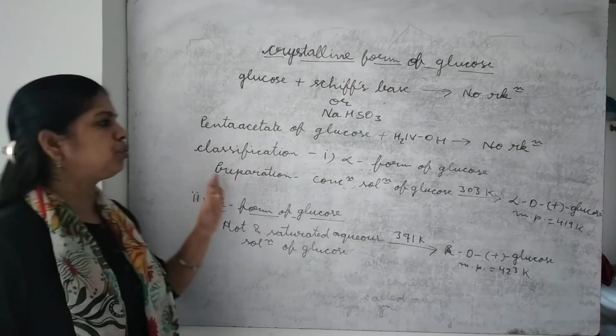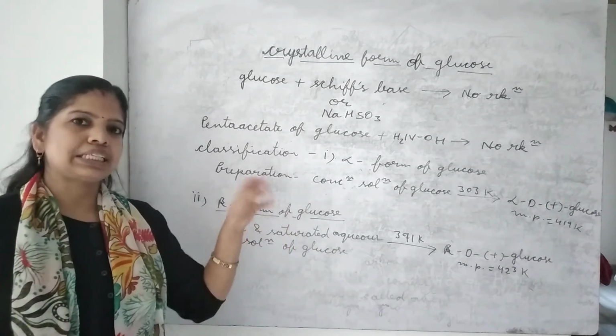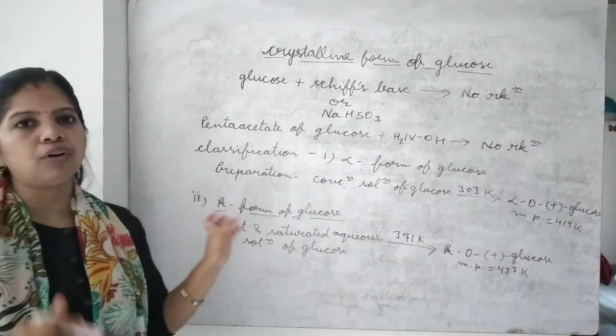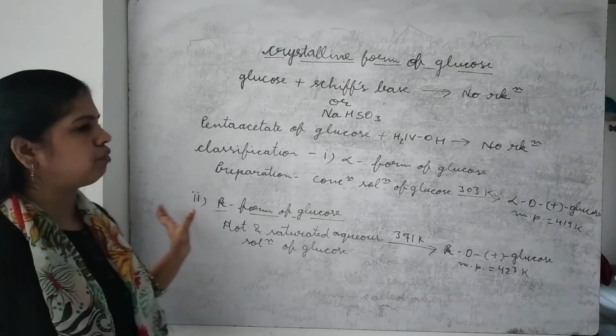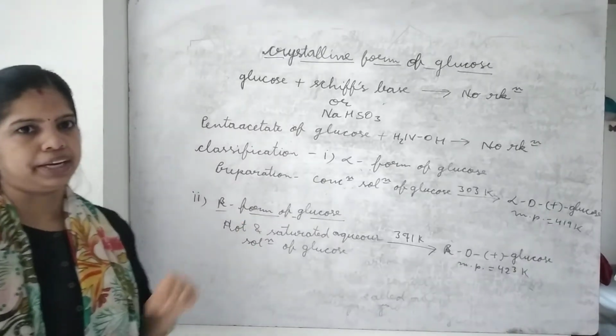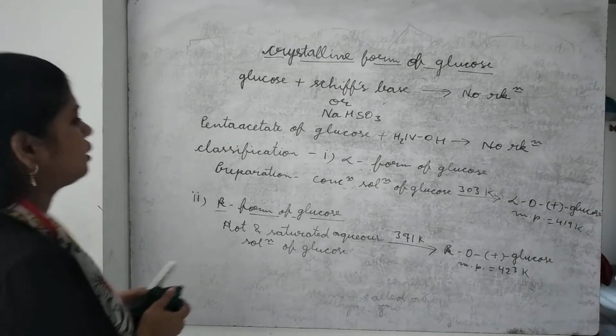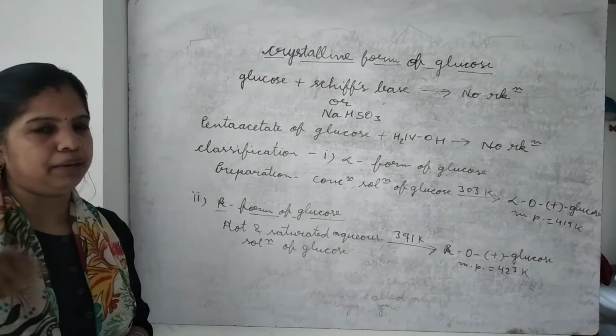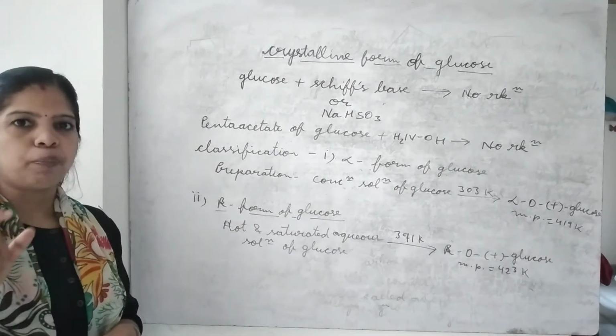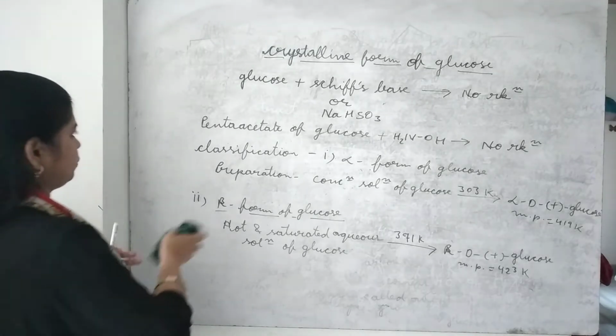Now I am going to discuss its cyclic structure, how we get it, and afterwards through the Haworth projection we will explain it. So first of all, how to get this structure? It is actually the equilibrium form, the hemiacetal form of the open chain structure of glucose.